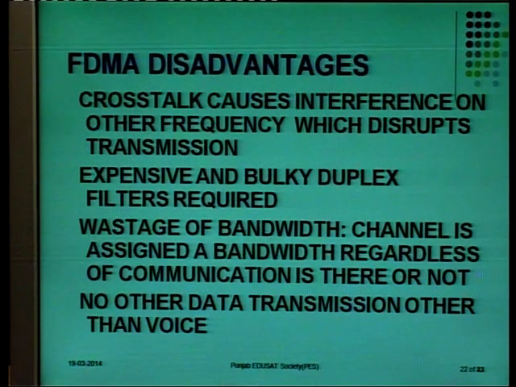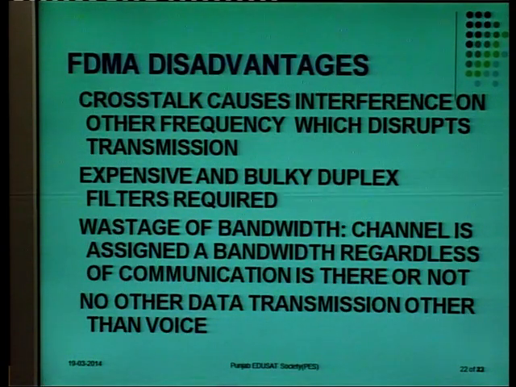Disadvantages: crosstalk causes interference on other frequencies which disrupts transmission, because the channels are placed near to each other. It needs expensive and bulky duplex filters. There is wastage of bandwidth.